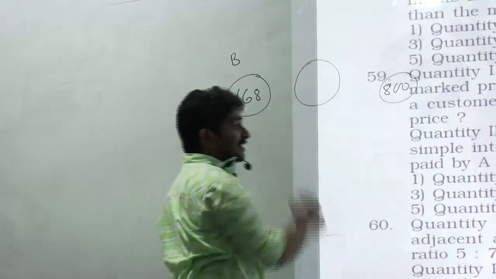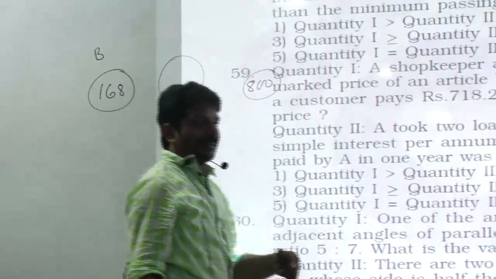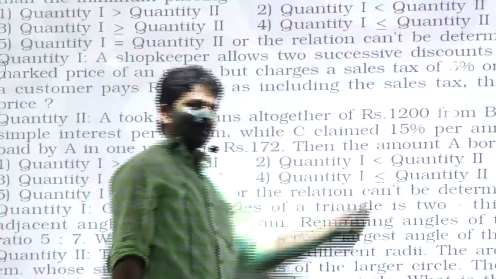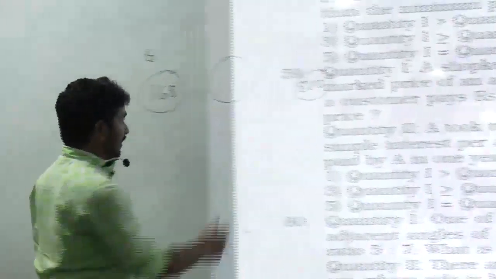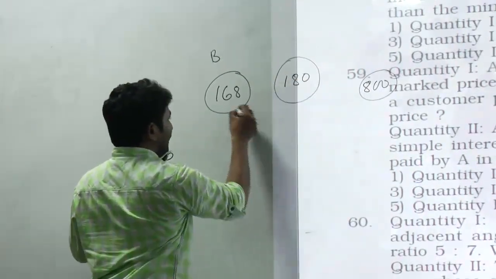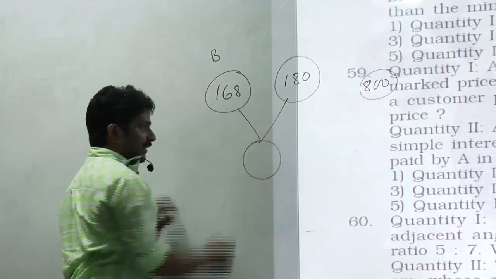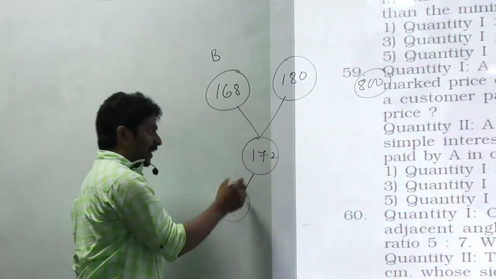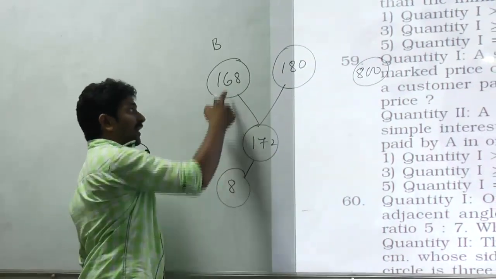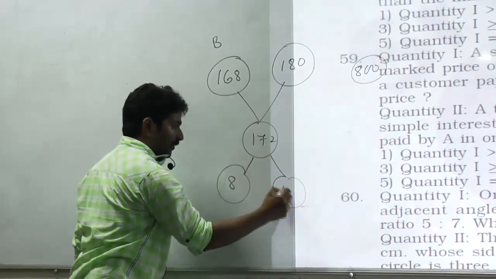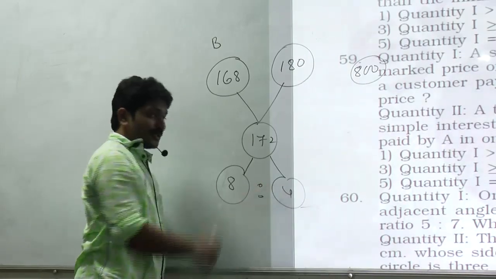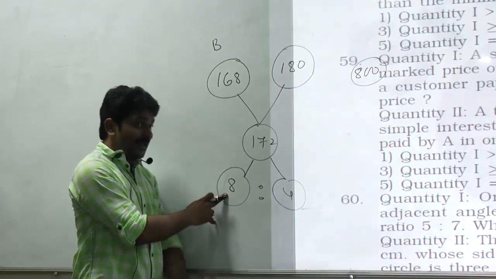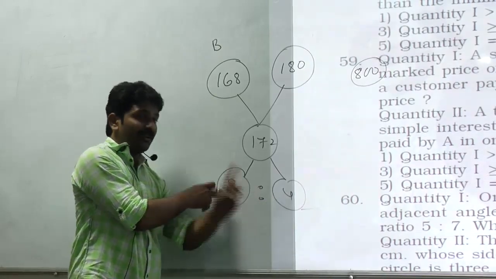And how much is C charging? 15%. What is 10%? 120. 5% is 60. So if it is total 15%, you will get 180. But the total A paid is 172. Let's go for alligation. How much is the difference? 8 and 4. That is in the ratio 2:1. Total how many parts? 3 parts. From B he is taking 2 parts, and from C 1 part.